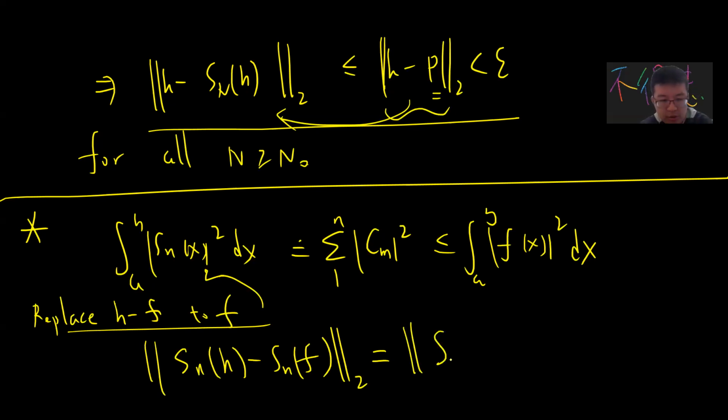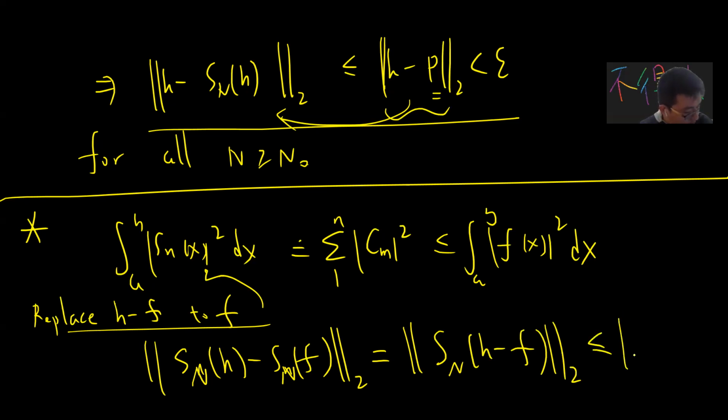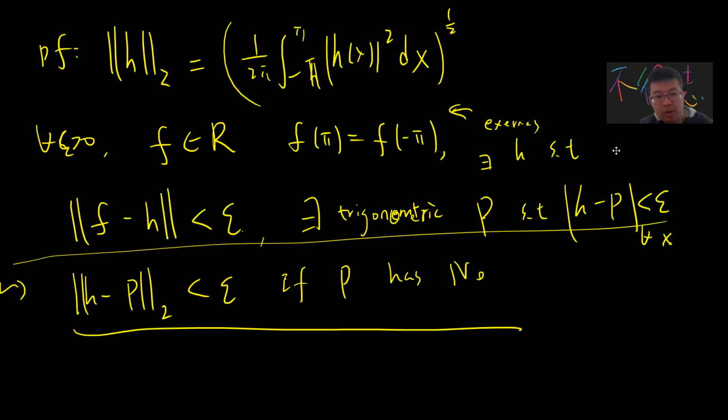This is linear, so this is the norm of Sn of h minus f, which is less than or equal to the norm of h minus f, by this result. By this construction, it is less than epsilon.